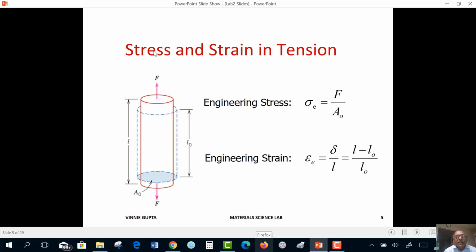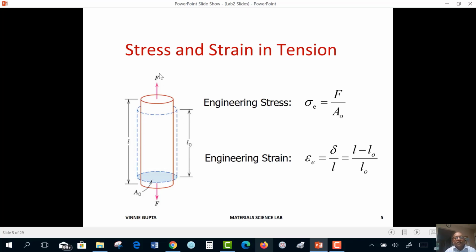So let's look at stress and strain in tension. What do we mean by tension? If we imagine we have a specimen, a circular specimen, let's say, it doesn't need to be circular, but it has an original length which is L0 and an original area which is A0. So this blue one is our original specimen.